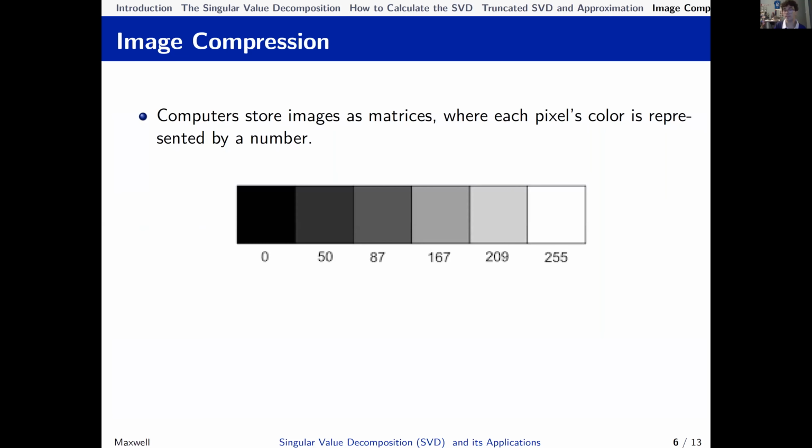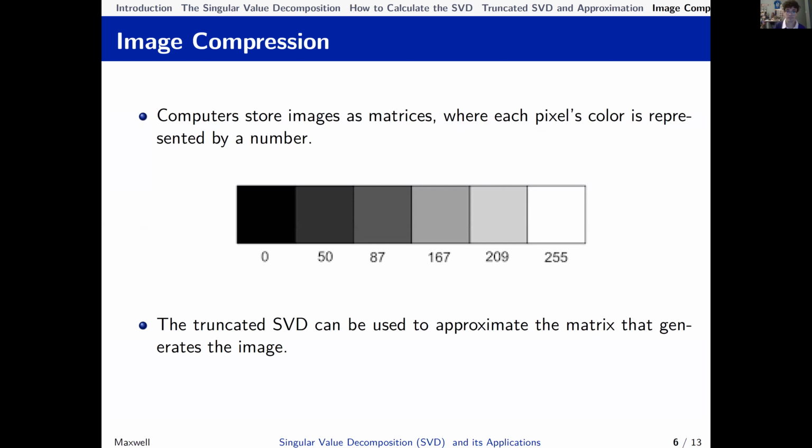Here we can see black is 0, white is 255, and as you increase the number, the lighter the shade is. And for colored images, it's the same, but with red, blue, and green, so there are 3 matrices, and you just do it once for each of those matrices.